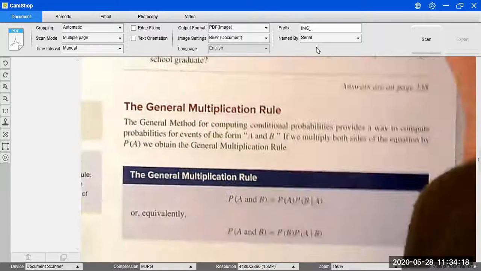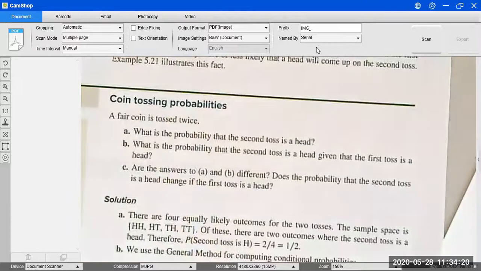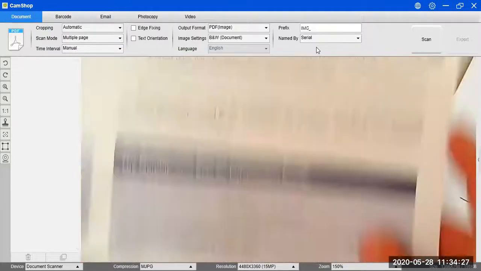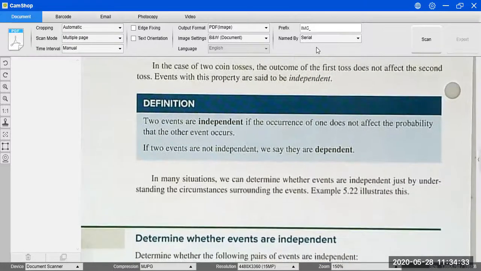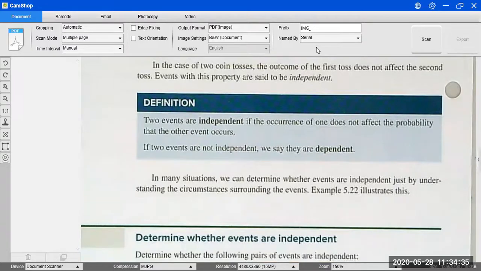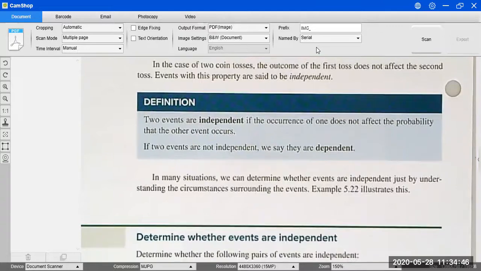We are more familiar with the multiplication rule when there is not a conditional probability. This is the case when you have independent events. The definition of independence is on page 230. Two events are independent if the occurrence of one does not affect the probability that the other event occurs. The other situation is when they are dependent.